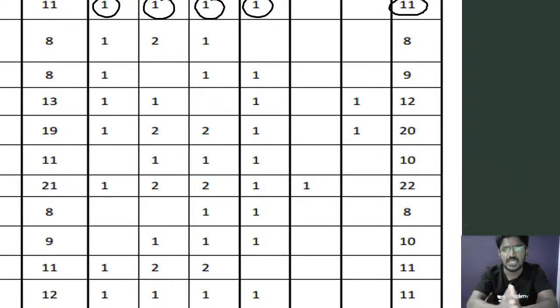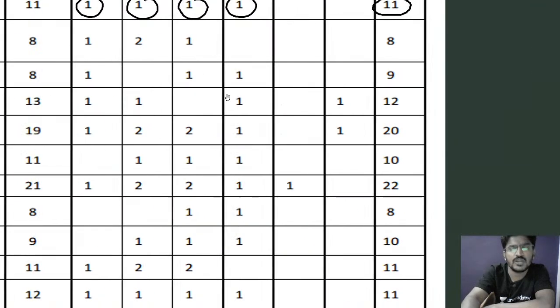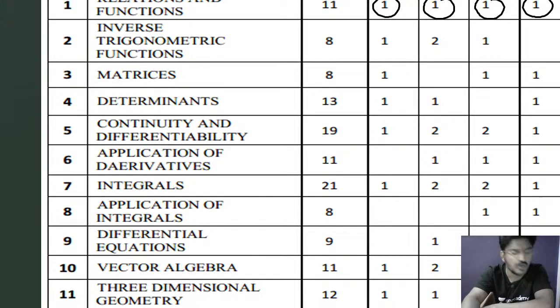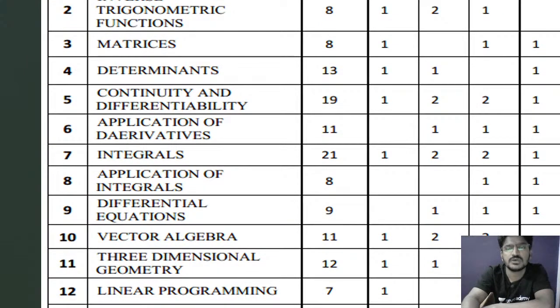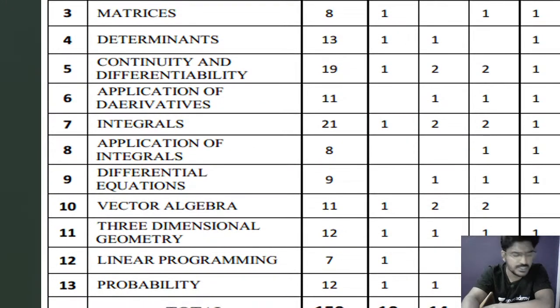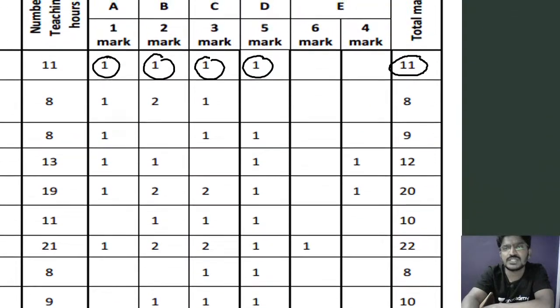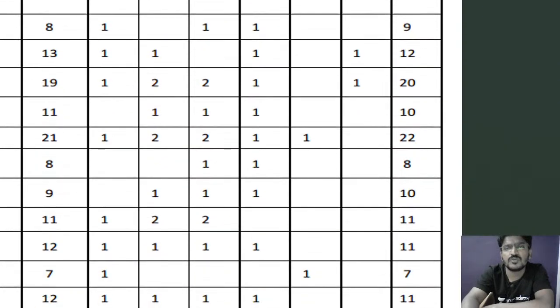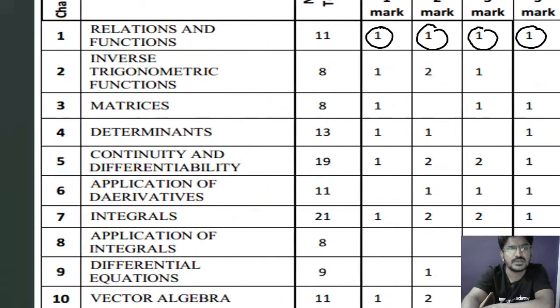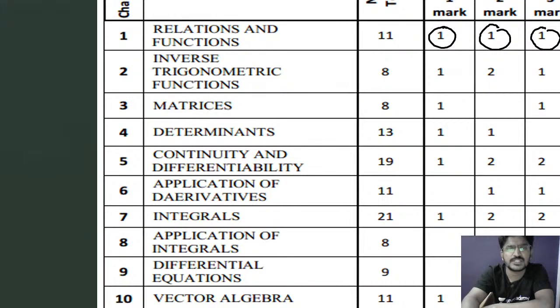Go through those and keep solving them. This blueprint is going to be very important for you. According to this blueprint you can go on solving. In this blueprint I have given all the chapters where you can score good marks. So here, from the third chapter, that is matrices.